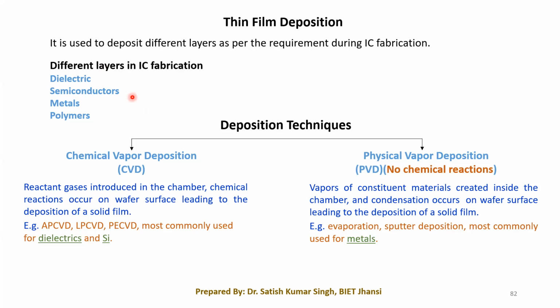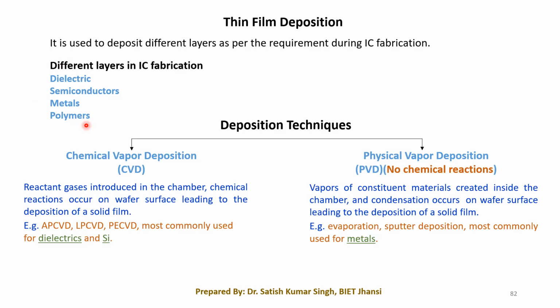So basically, when we talk about a thin film, it must have a thickness of the order of nanometers. It may be 1 nanometer, 10 nanometers, 20 nanometers, or maybe more, as per the requirement. So we need to grow these different layers onto the particular material.